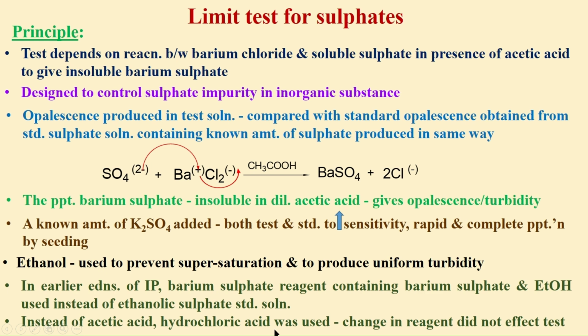That's why we are using acetic acid instead of hydrochloric acid, avoiding this mineral acid and replacing it with environmental friendly acetic acid so that the test becomes green or eco-friendly.